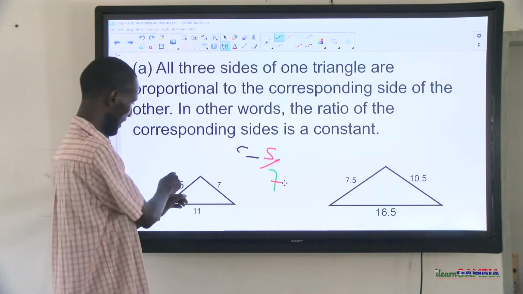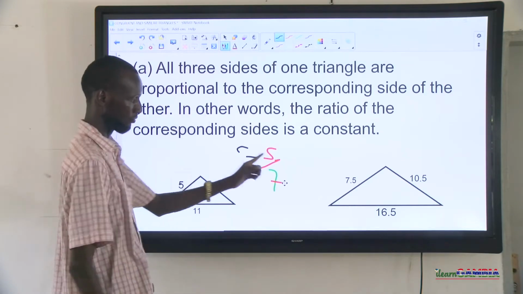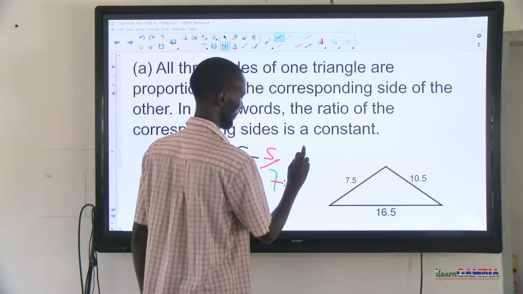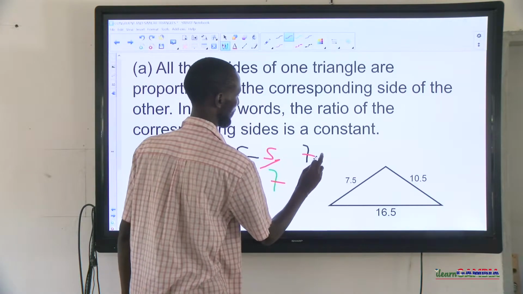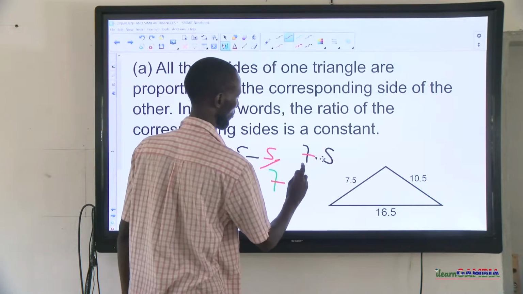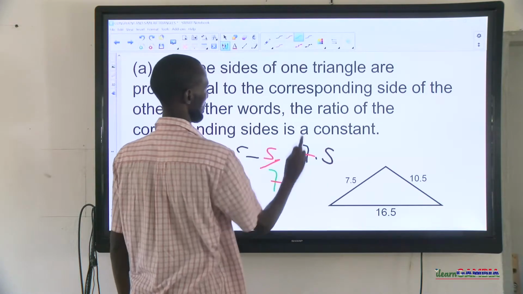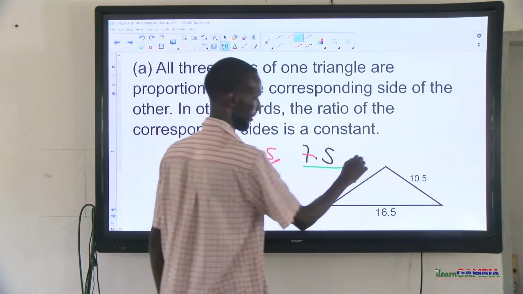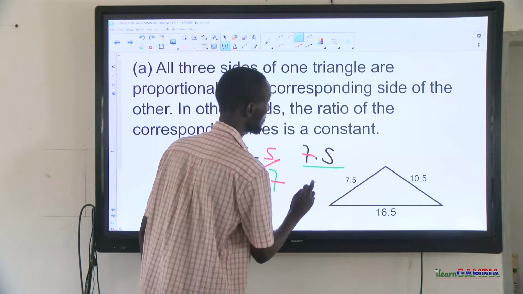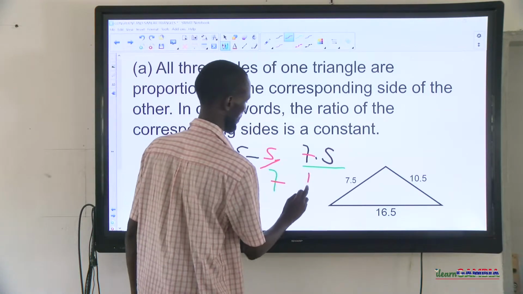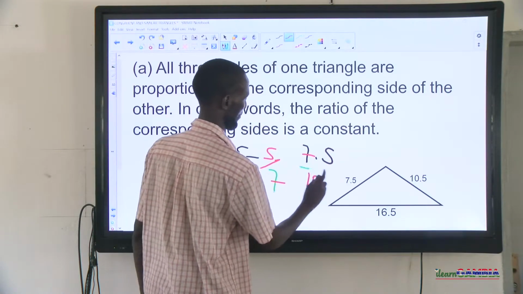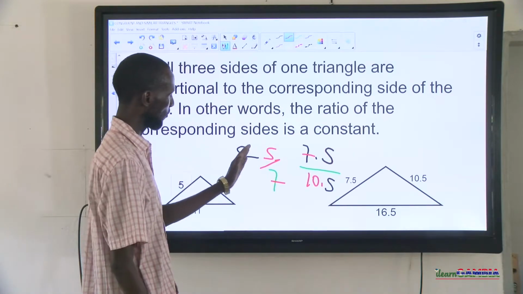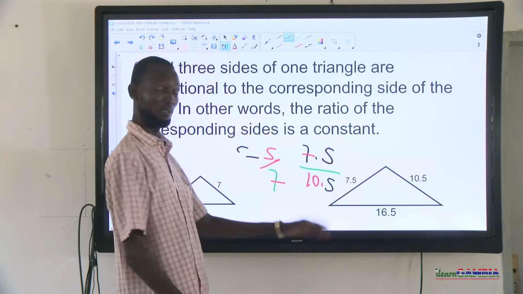The 5 that I took corresponds to the 7.5 on the second triangle, so I take 7.5 over the corresponding side of 7, which is 10.5. If I simplify these two ratios, they should be the same.